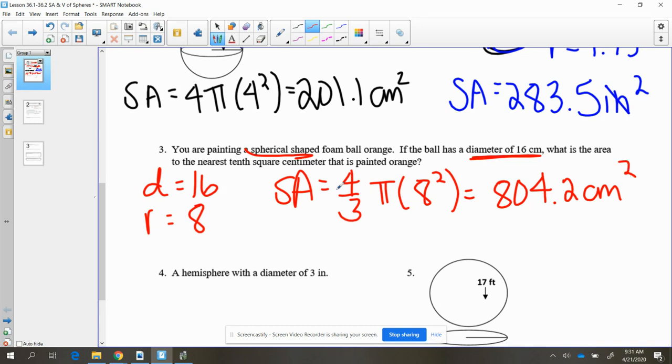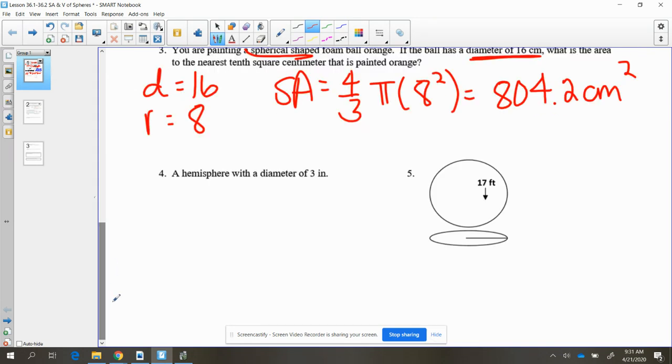Now, you have to also be careful when we talk about number 4, where it says a hemisphere with a diameter of 3. Well, we're switching it up to talking about a hemisphere now. So we have to take, again, not the diameter that they're giving us, but the radius, so half of 3.